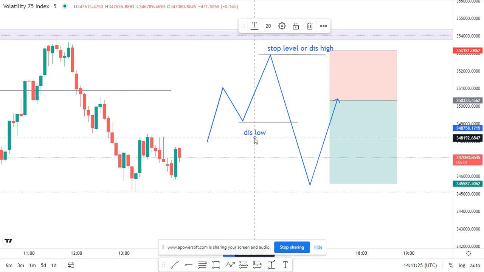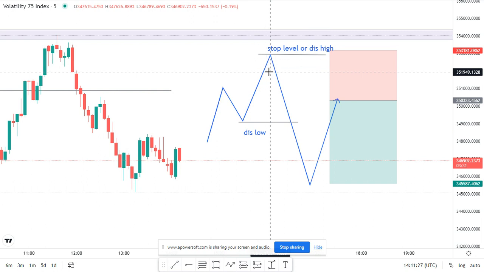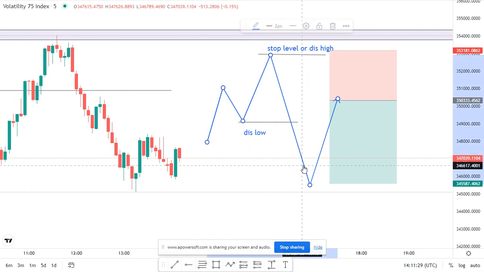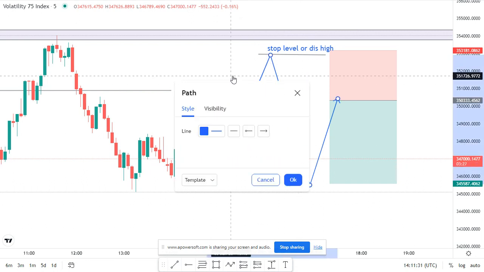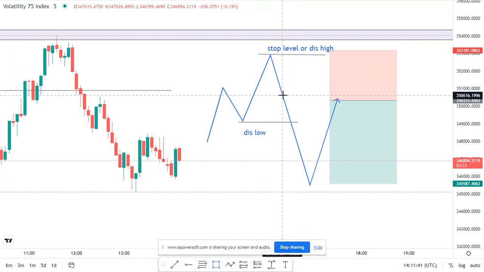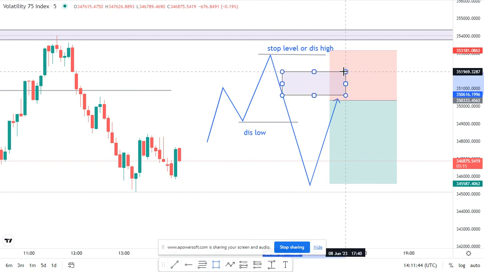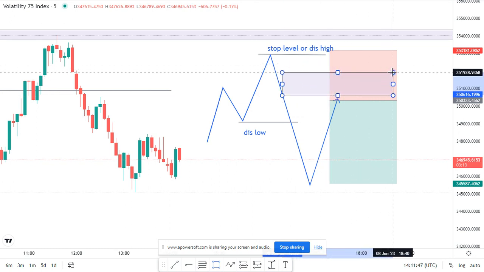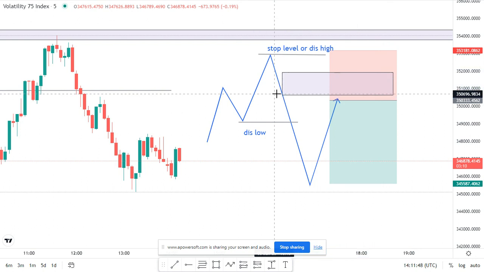We don't want to see small candlesticks coming into this area. We want to see a big candlestick break this low, and then the retracement into it. It could be a fair value gap, a breaker, or a supply zone around this area, right?